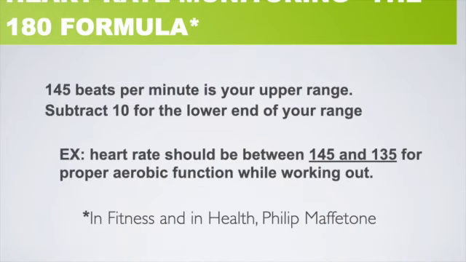Then you minus 10, so your training zone is going to be, for example, 135 to 145 if you're in category B, and if you're category D, it would be 145 to 155. And that's the zone you keep your heart rate in the whole time you're doing your activity. It's going to seem like you're not working hard enough, but that's the whole idea.